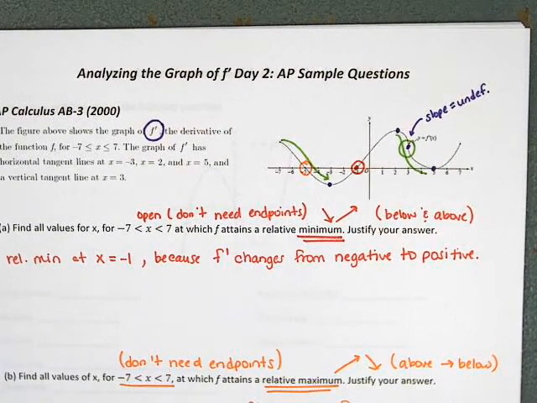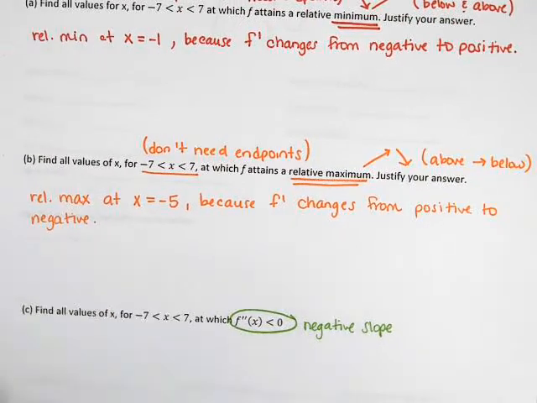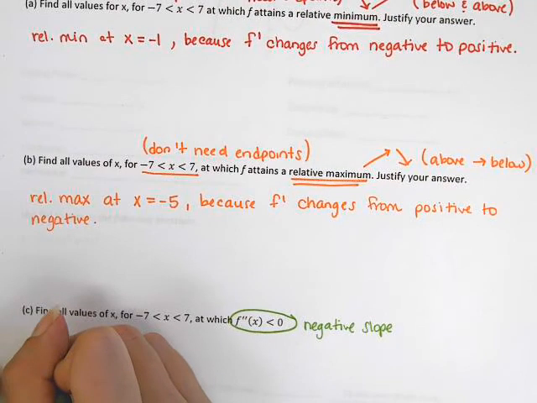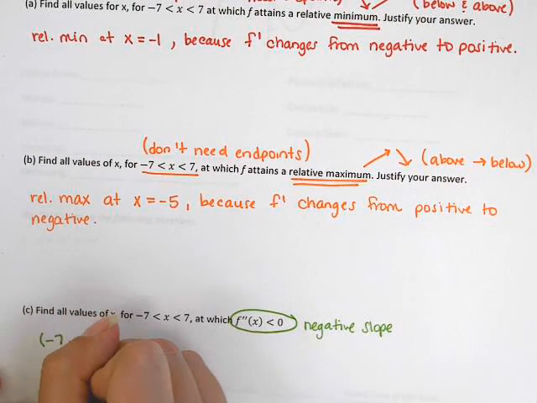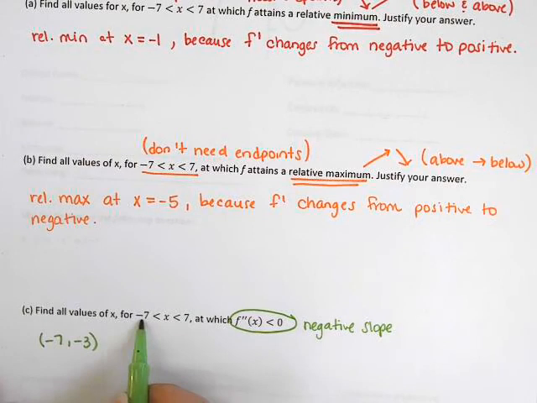When I write my intervals, I need to make sure that that value is not included because the slope there is undefined. So I would say I have a negative slope from -7 to -3, and you'll notice they told me to use the open intervals.